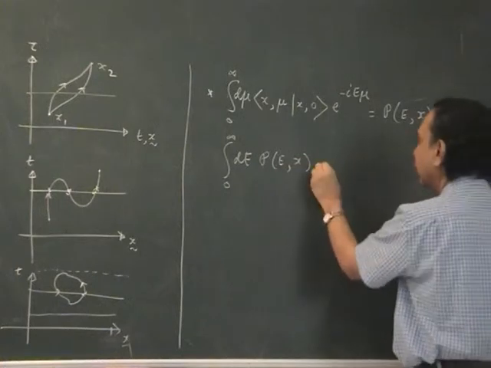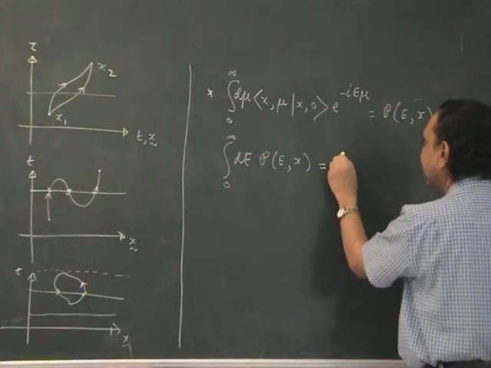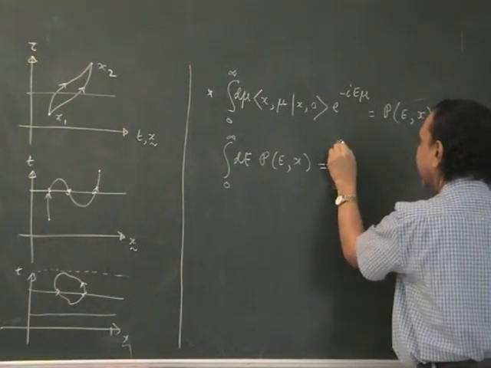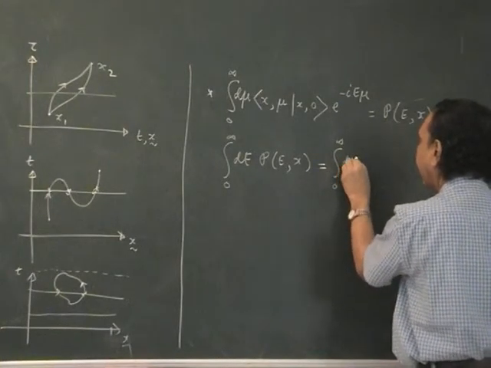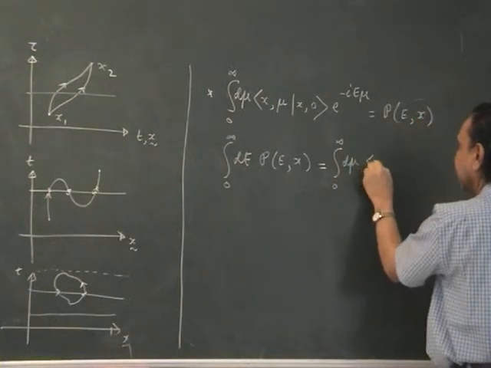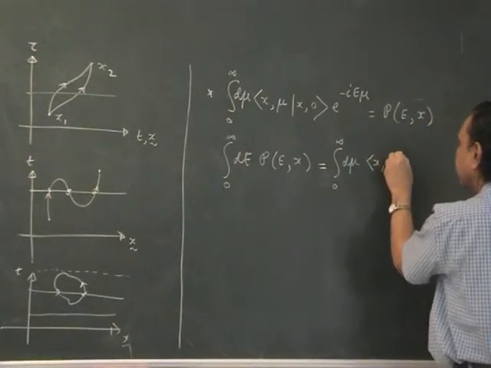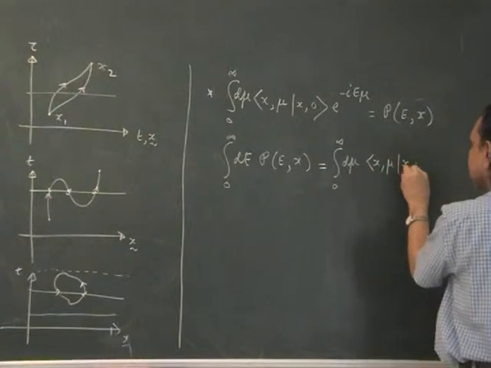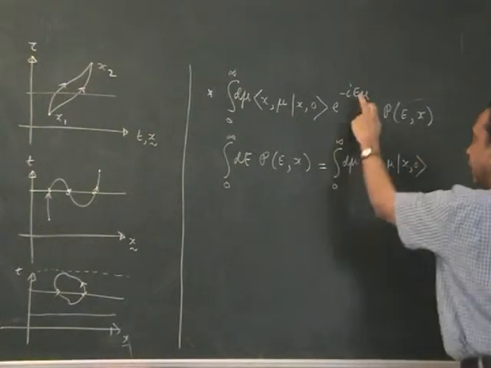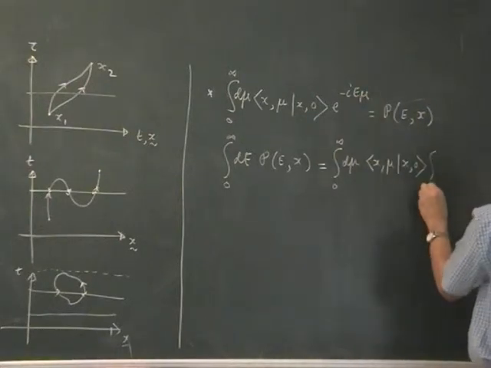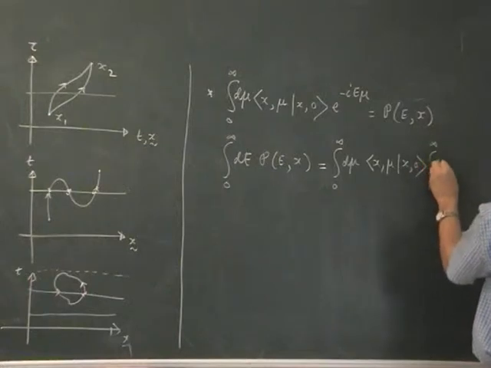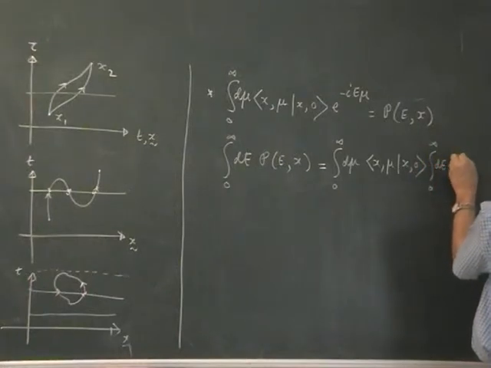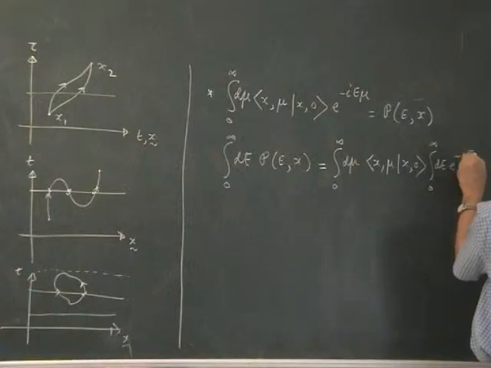So this is what I want to compute. So that is going to be the integral from 0 to infinity d mu of the amplitude for x, mu, x, 0, and the integral over dE from 0 to infinity of e to the minus i E mu.